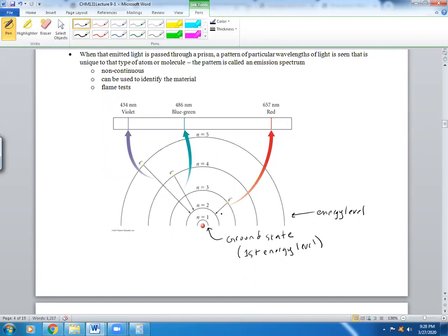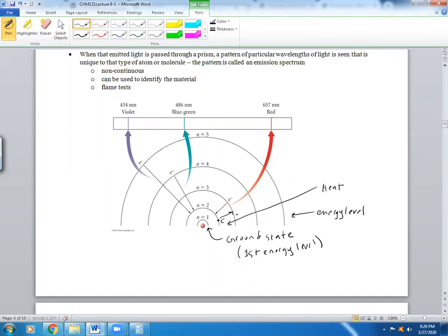Let's say we want to look at red right here. Let's say the electron was here first, and then I put in heat. Heat is related to kinetic energy, and it's going to move the electron to the third energy level.